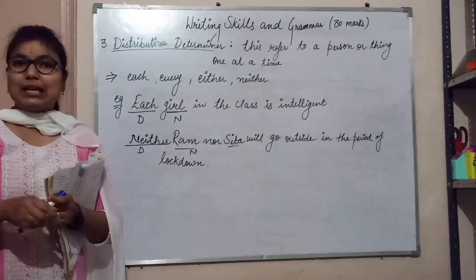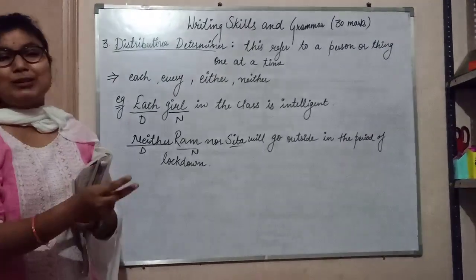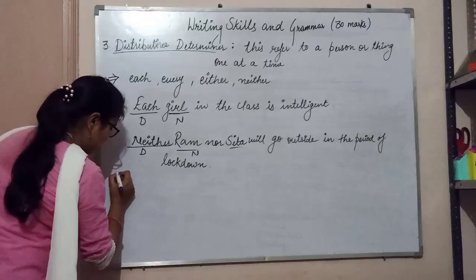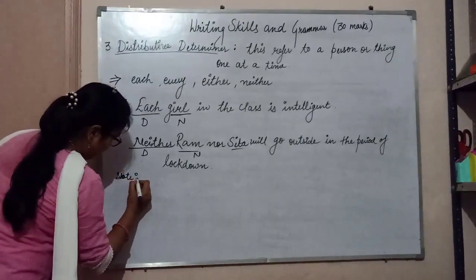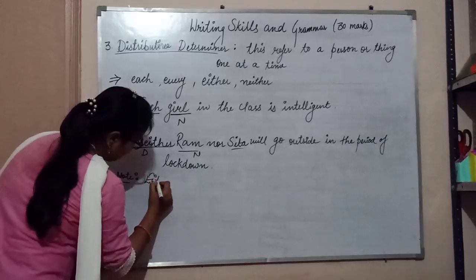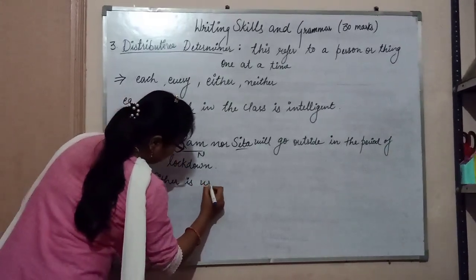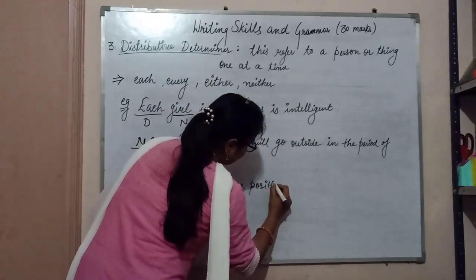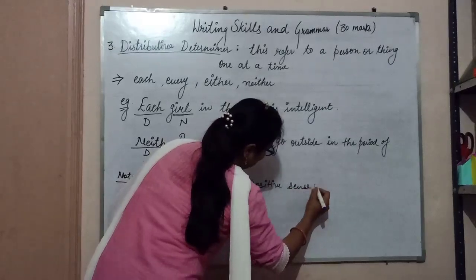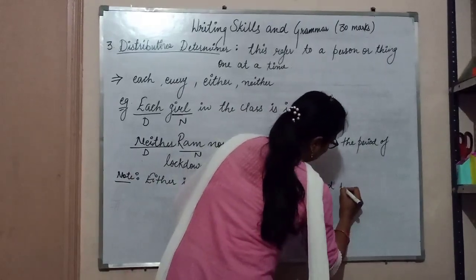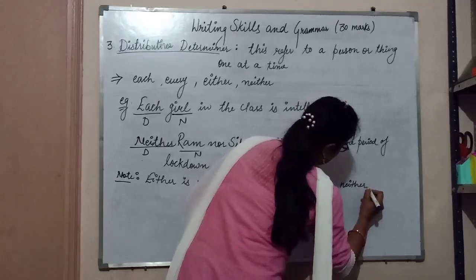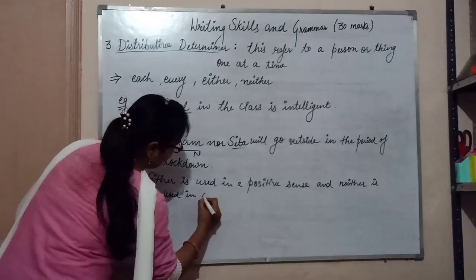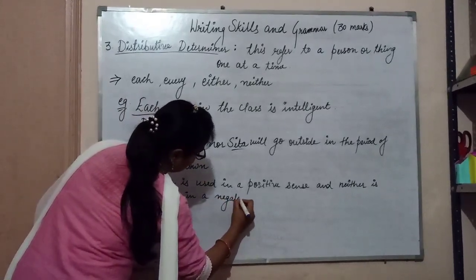Either means either you or I, one of the two, and neither means none of the two. Note it down: either is used in a positive sense and neither is used in a negative sense.